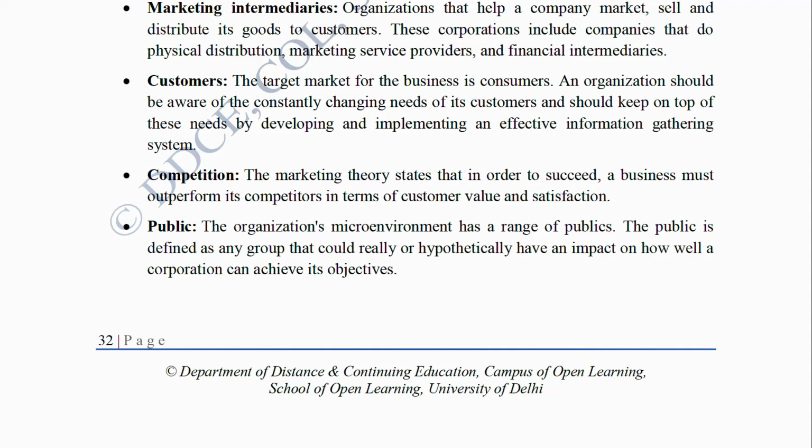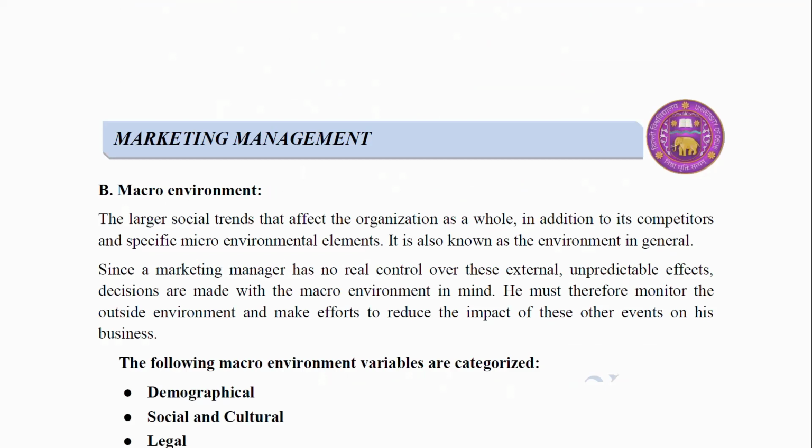The public is defined as any group that could really or hypothetically have an impact on how well a corporation can achieve its objectives. B. Macroenvironment. The larger social trends that affect the organization as a whole, in addition to its competitors and specific microenvironmental elements. It is also known as the environment in general.